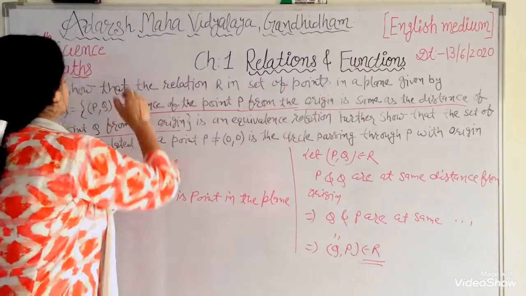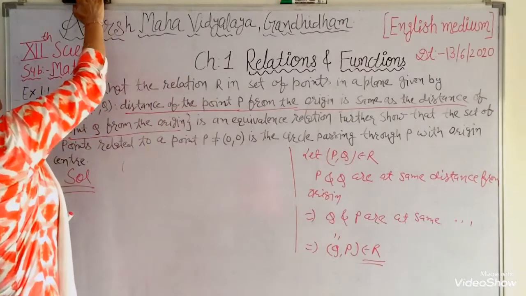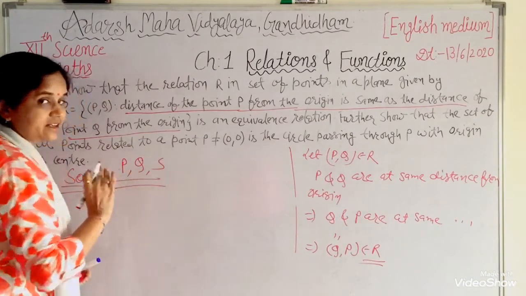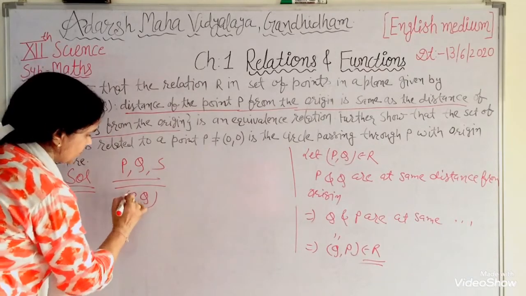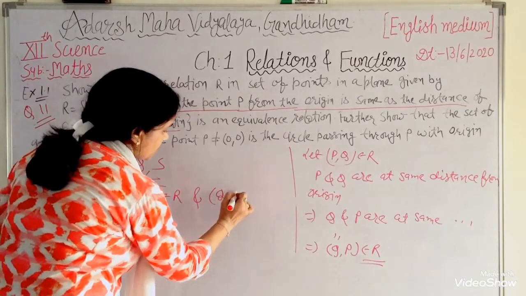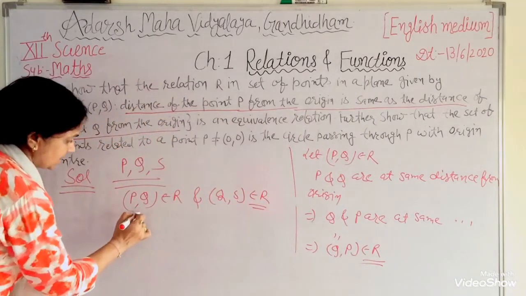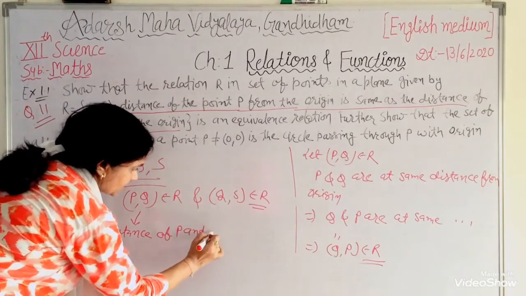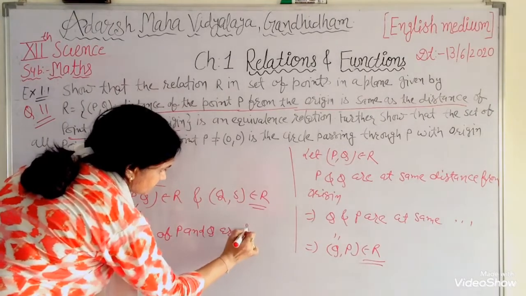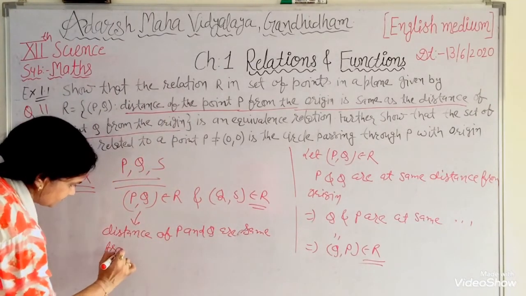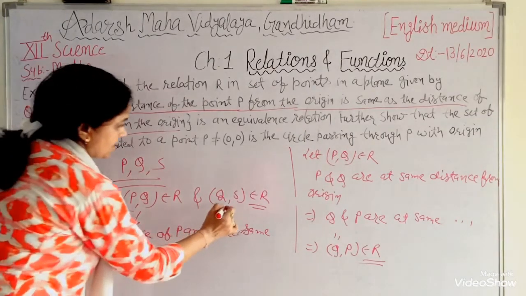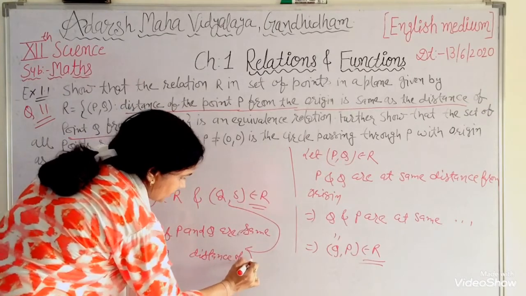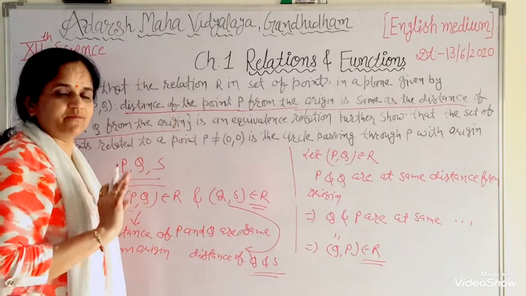And for the transitive, student, let 3 points be there in the plane, P, Q and S. There are 3 points in the plane and (P, Q) belongs to R and (Q, S) belongs to R. It means distance of P and Q are the same from the origin, and for (Q, S) also distance of Q and S are the same from the origin.